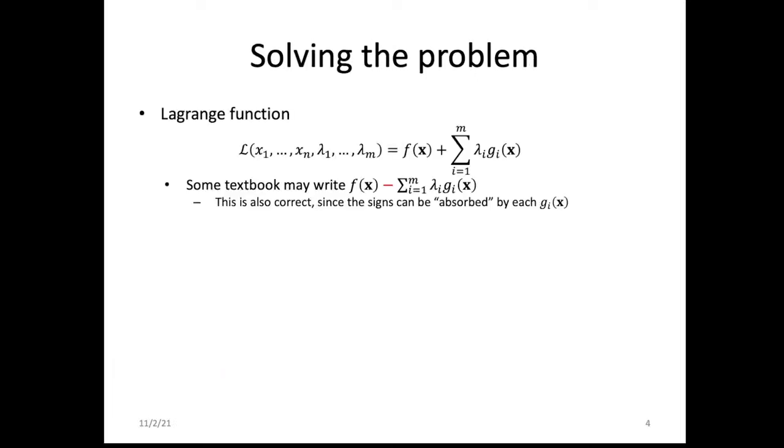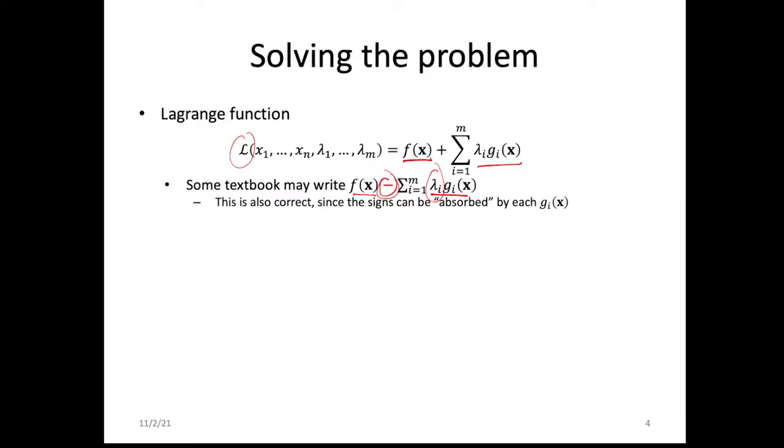Okay, and so your Lagrangian becomes f of x plus summation lambda i gi of x, where gi of x are your equality constraints. Some textbooks might write f of x minus this, and that doesn't really matter because this negative sign will be absorbed by the lambda.